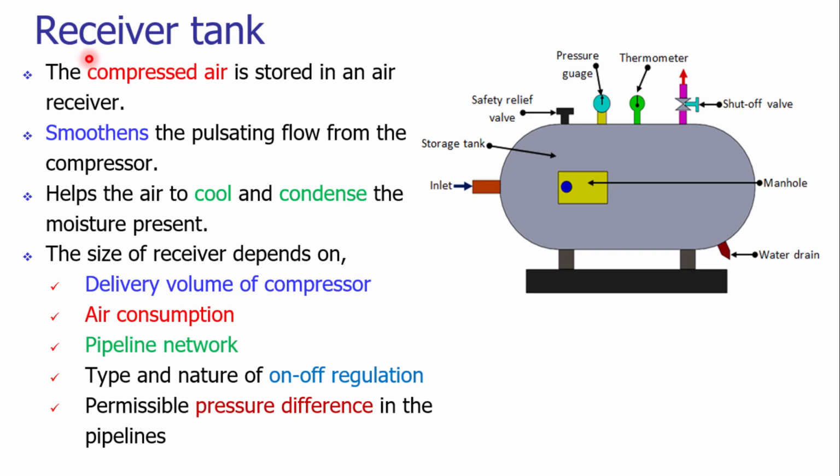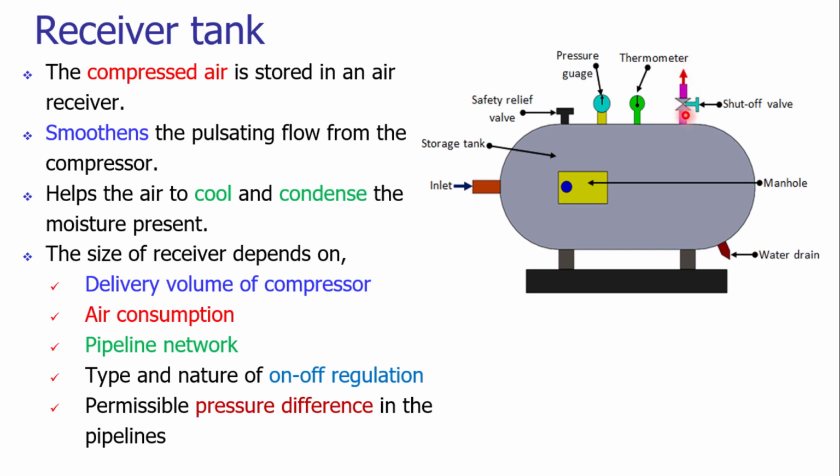Well, first look at the receiver tank. On your screen you can see a schematic of a typical tank. It is a closed container, it is a sealed container, and it has various mountings. So it has the inlet, and there is the outlet.